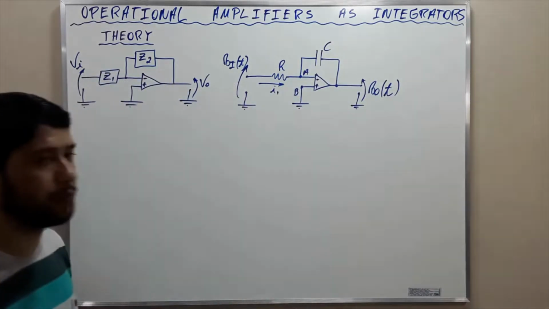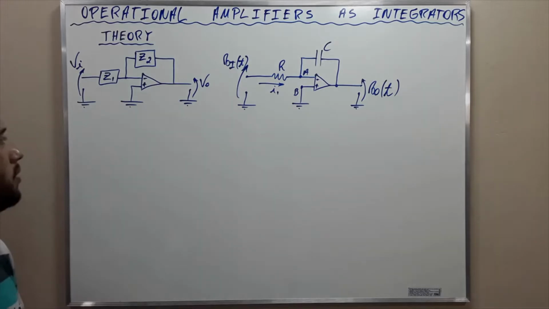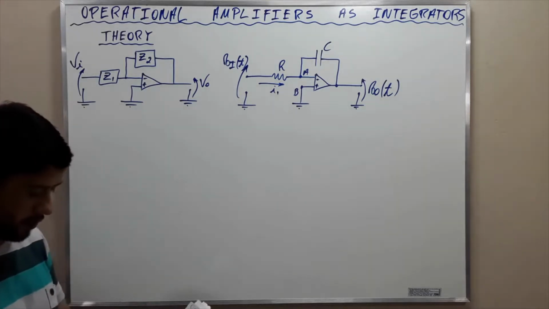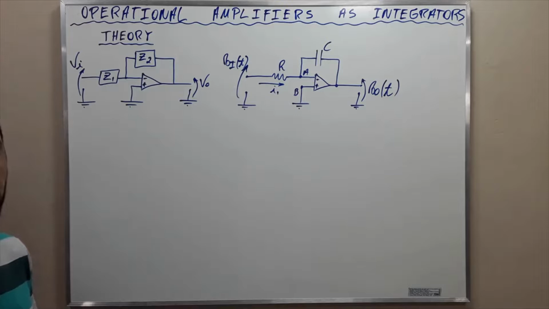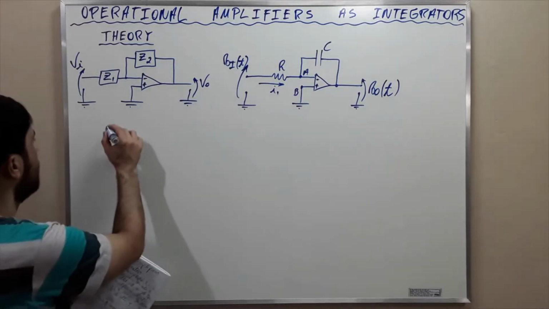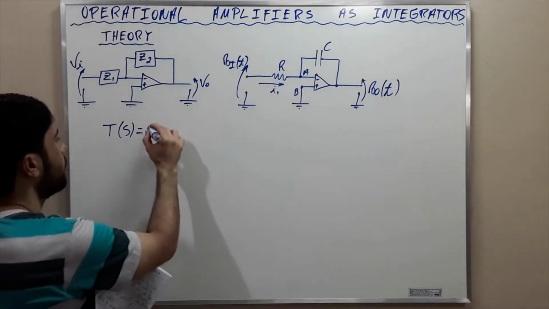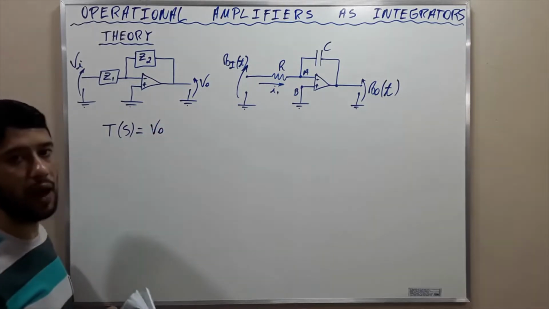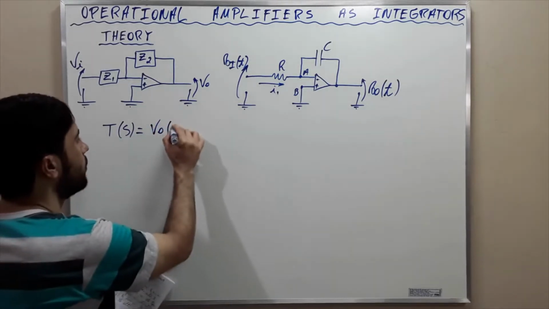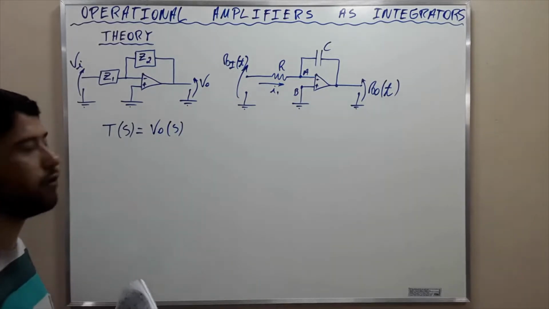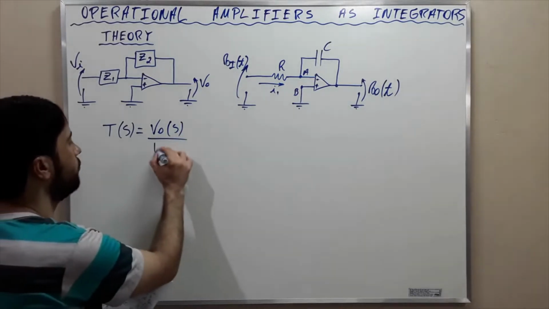The first step here is to comprehend the operational amplifier connected in the inverted configuration. It's possible to demonstrate that the transfer function of this configuration is of the sort T of S equal to the output voltage in the complex variable divided by the input voltage.